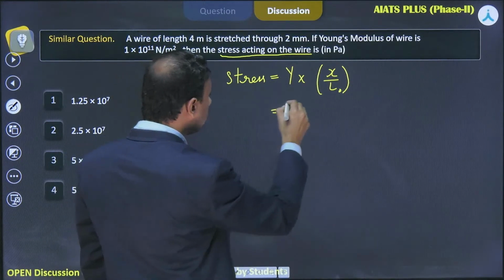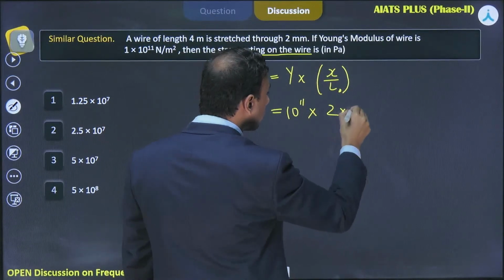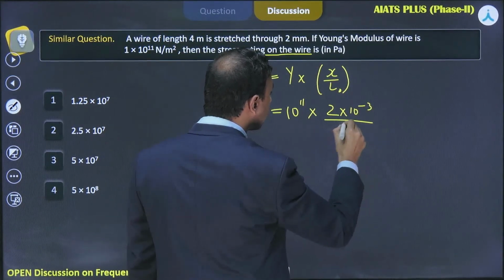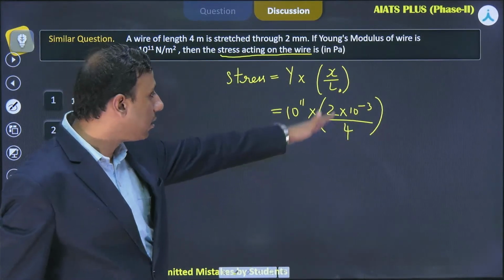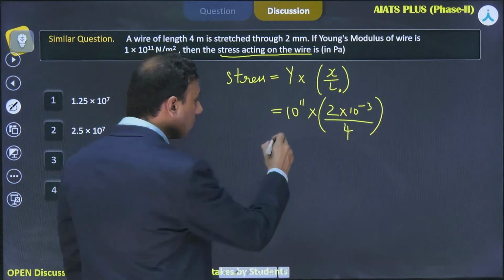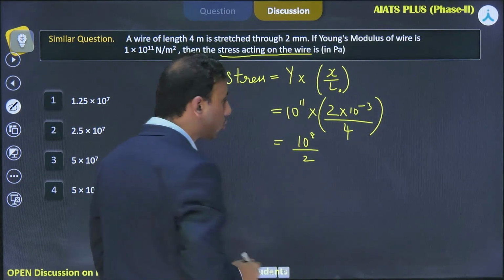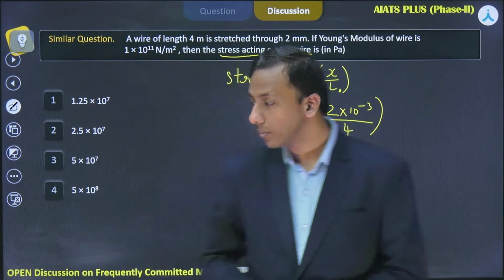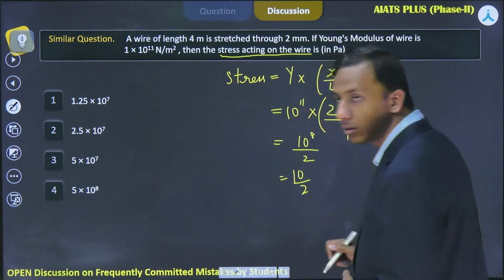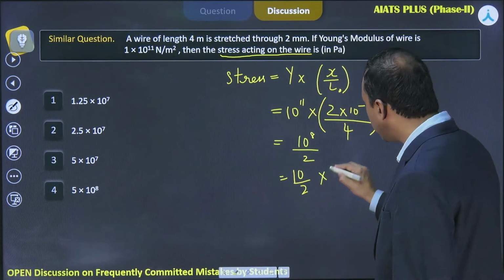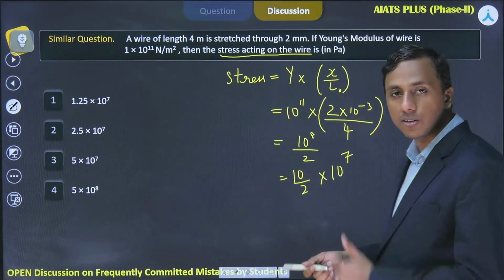So just substitute the values. Young's modulus was 10 to the power 11. Strain is 2 mm by original length 4 meter. So that's it, you just have to solve. 10 power 11 into, that is 10 power 8 upon 2. Take 10 alone from this 10 power 8, and what remains is 10 power 7. 10 by 2 is 5.